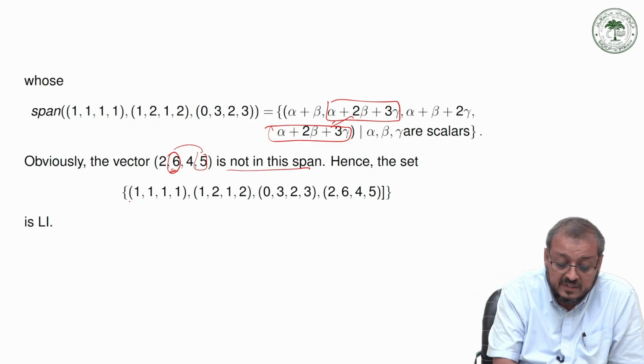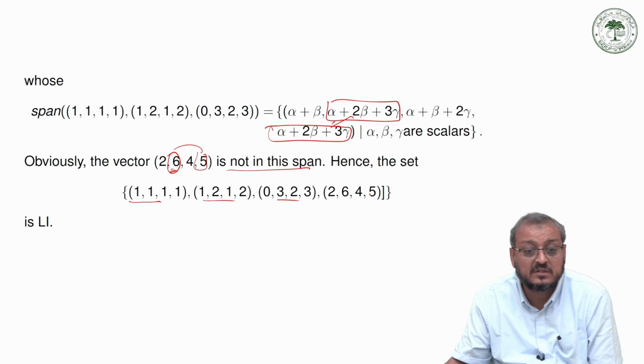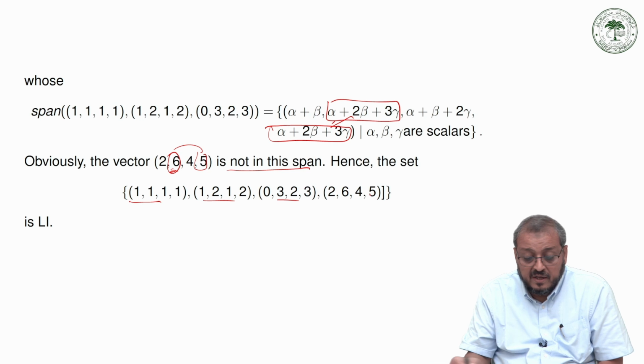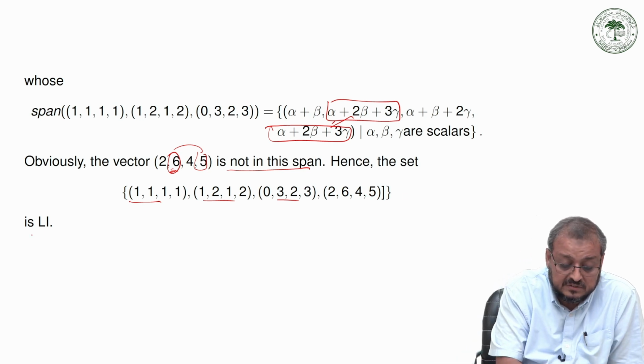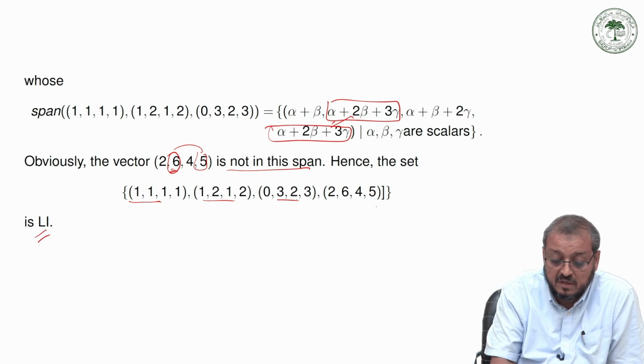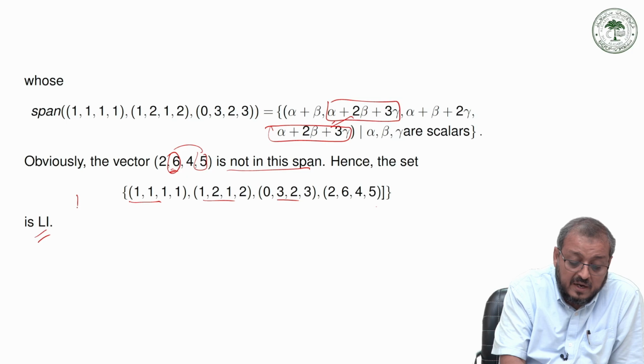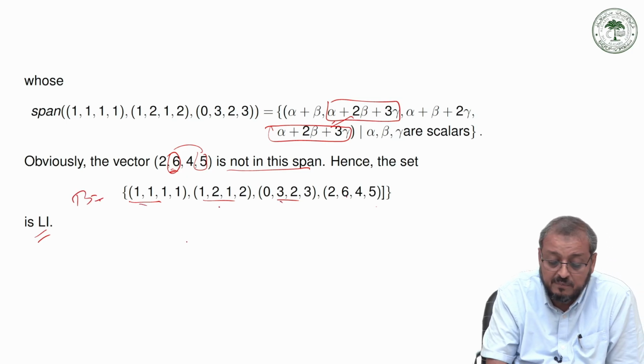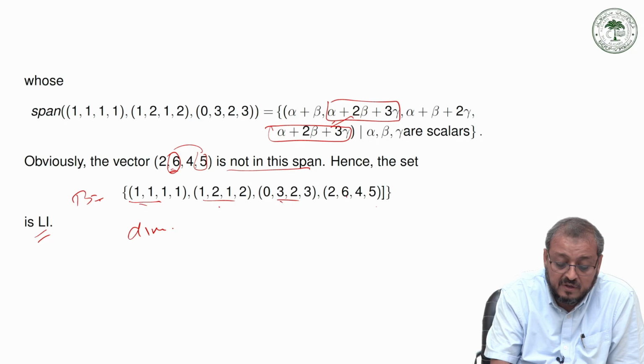Hence these vectors form a linearly independent set. Because the space is finite dimensional and this set has 4 elements, which is the same as the dimension of R to the power 4, it is a basis.